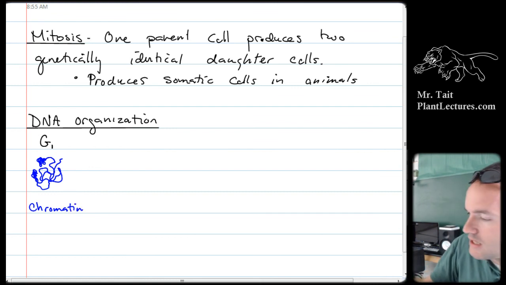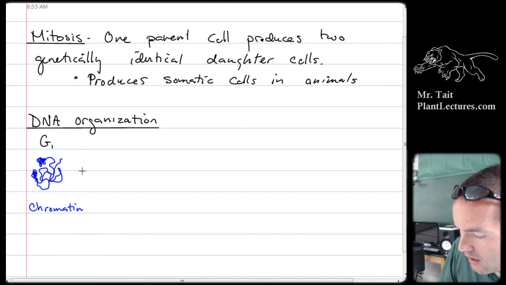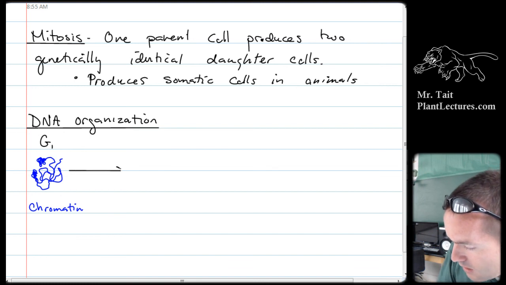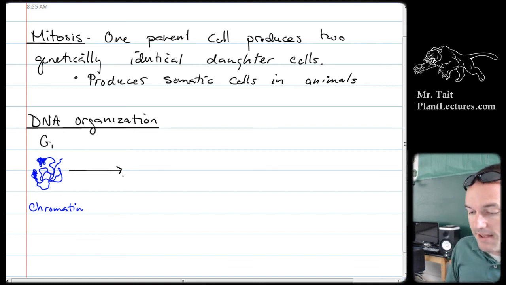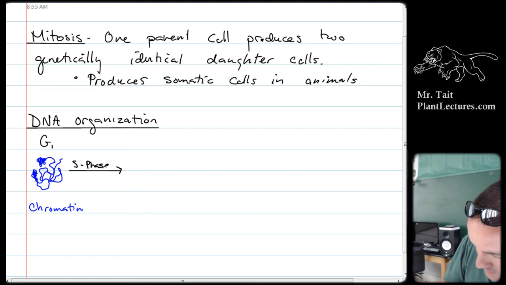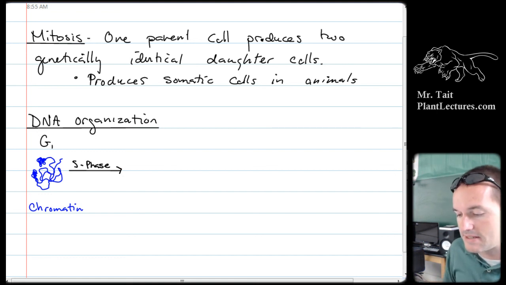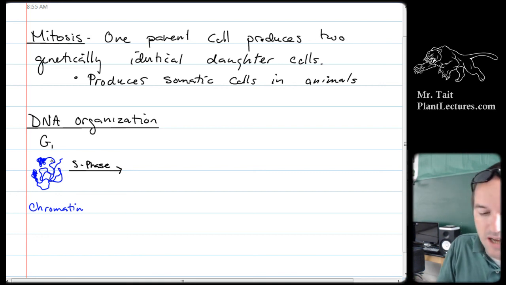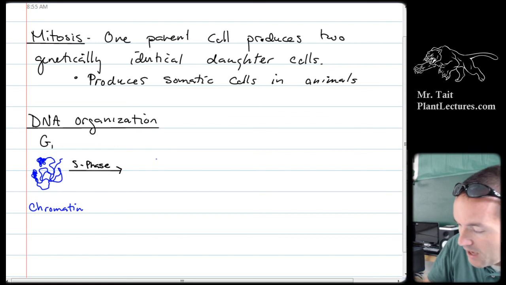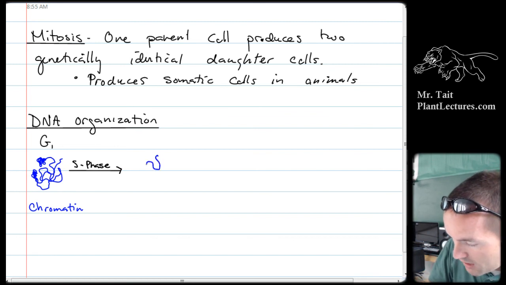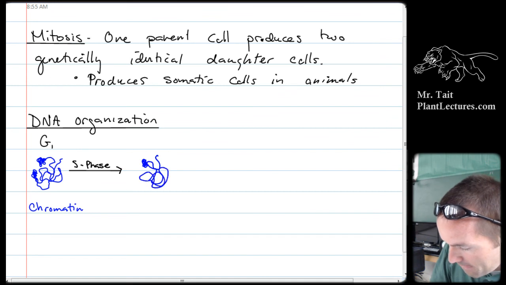Now, if this cell gets the go-ahead to start replicating, it's going to go into S phase, right? So if this is S phase here, what happens in S phase? Yeah, replication of the DNA. So we're going to have double the amount of DNA that we had before. So we've got our first strand here that's got the tangled up portion there, second tangled up portion there.